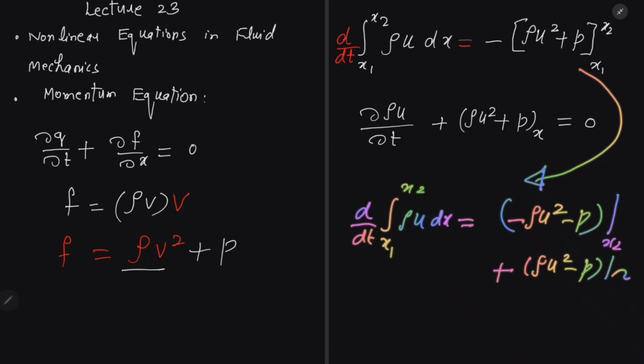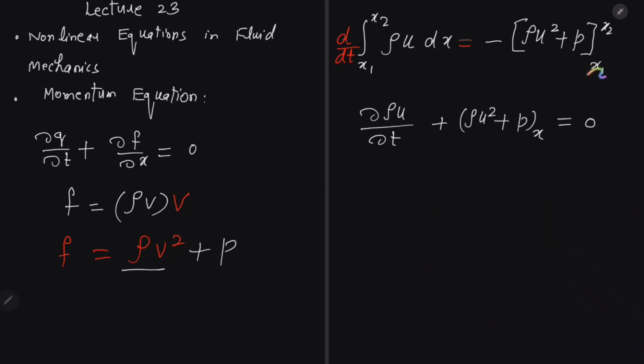We already have it. You have to introduce x1 to x2 and this quantity rho u square plus p, then these two terms will be added. There is a minus sign, so I want to make it plus on the left-hand side. So I first write it in a consistent manner: partial rho u by partial t plus partial by partial x of rho u square plus p is equal to 0.